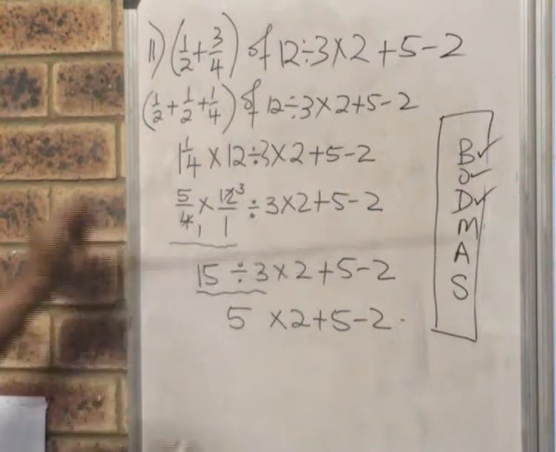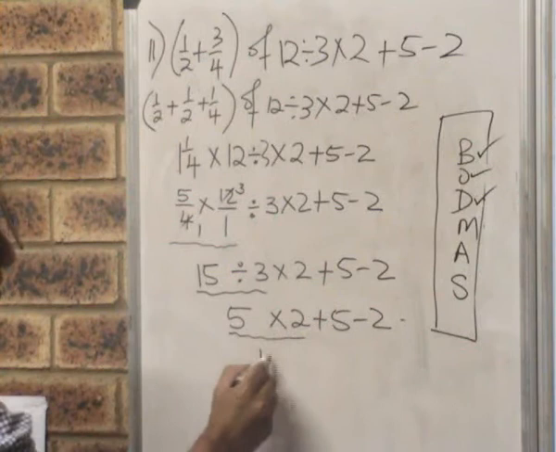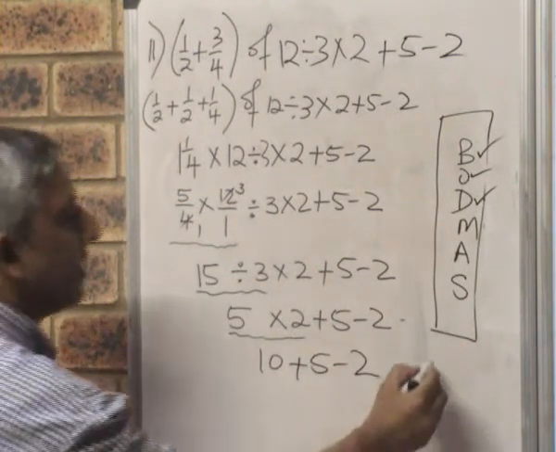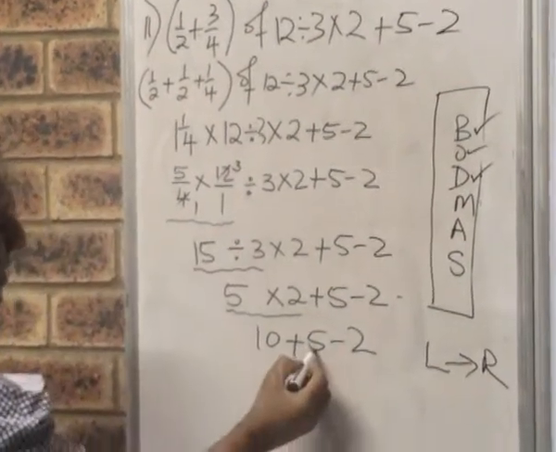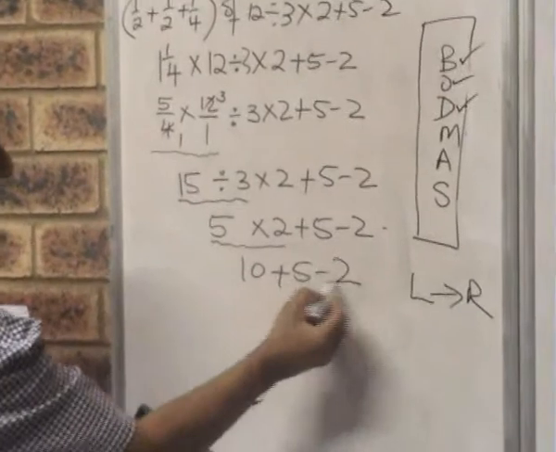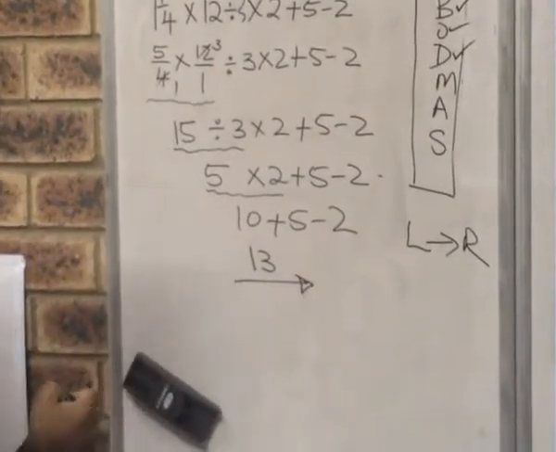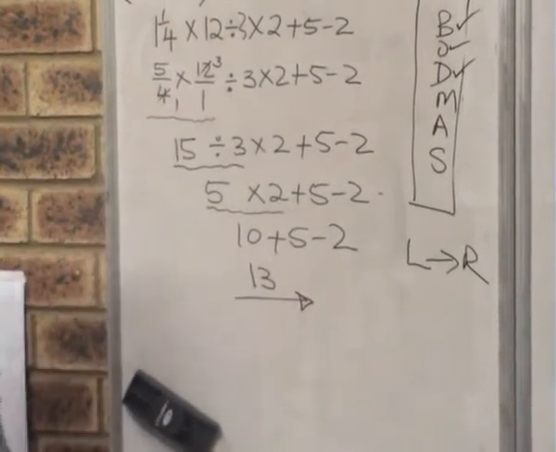No. Any multiplication? Yes. So 5 times 2, 10 plus 5 minus 2. And now at this stage you must go left to right. 10 plus 5, 15, 15 minus 2, 13. So there we are. So the final answer for that is 13.